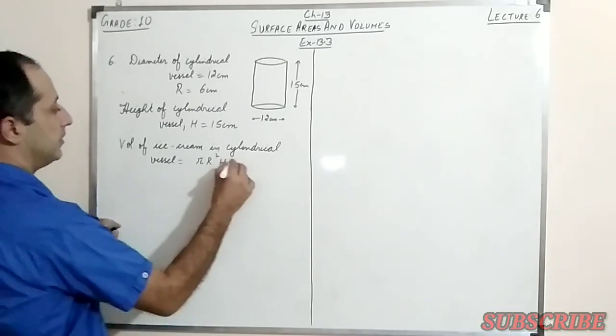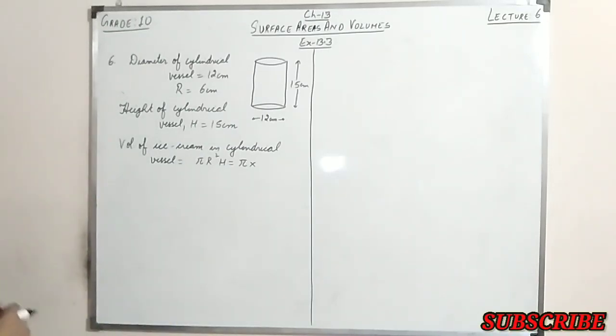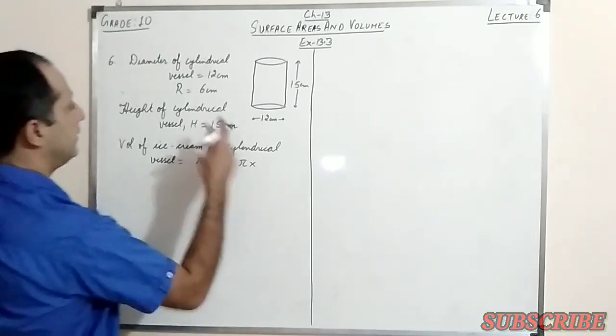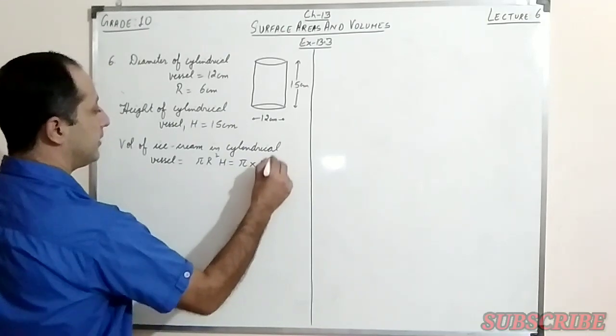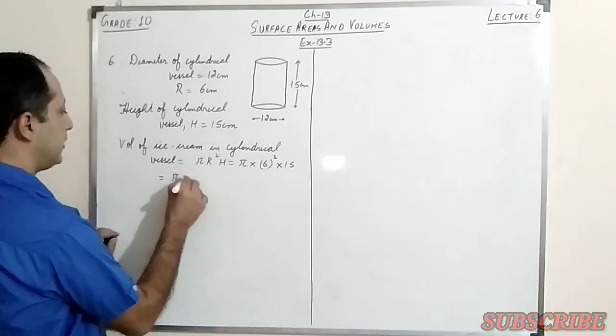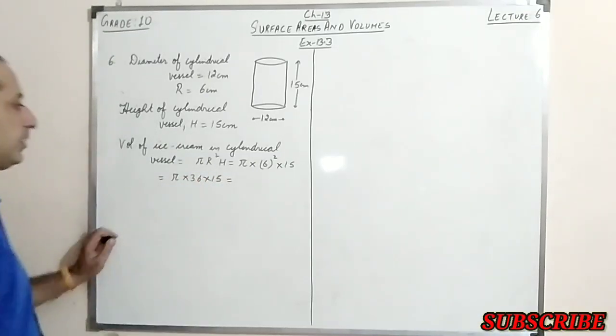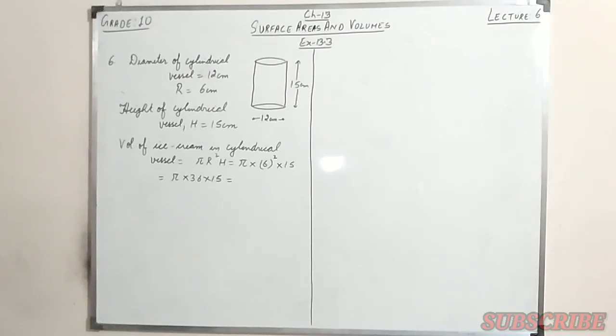You substitute the values here. So this is pi multiplied. We are not putting the value of pi because the volume remains the same. So r is 6 centimeter, so I put 6 here into 15. So this is pi into 36 into 15. Just multiply it out. So we get it as 540 pi centimeter cube.